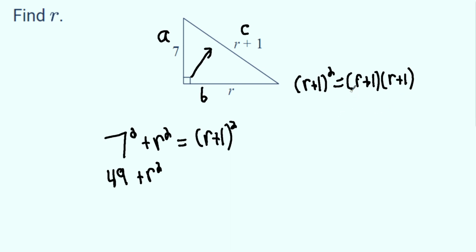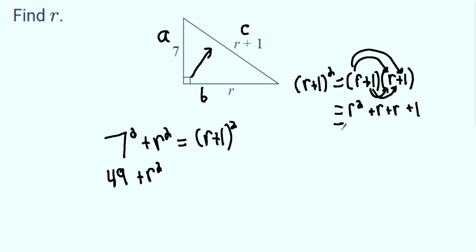And if we can remember our algebra, we'd have to distribute the r to get r times r, which is r squared, r times 1 to get r, 1 times r to get r, and then finally 1 times 1 to get 1.